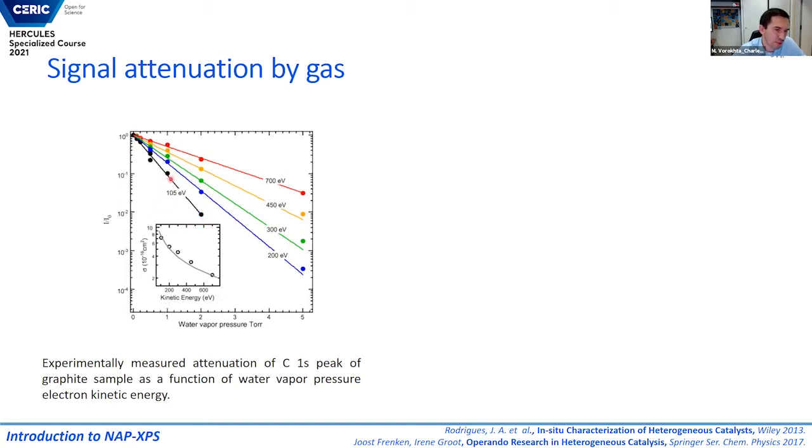You see that when you go from 1 torr to 2 torrs, you lose signal 10 times. When there is no gas, it is taken as a reference level, and then it's 100 times lower signal with just 2 torr of water inside the chamber. So it is very critical in this case.